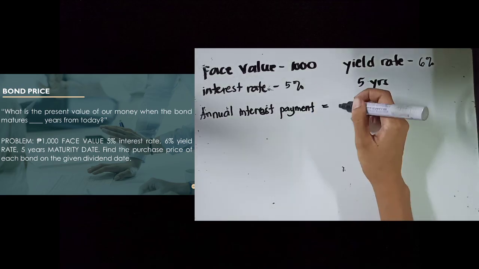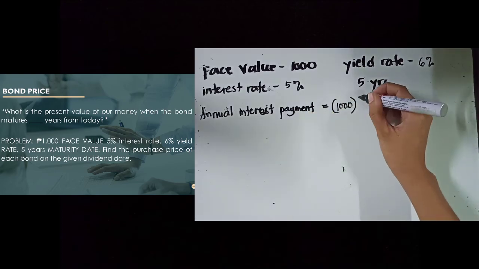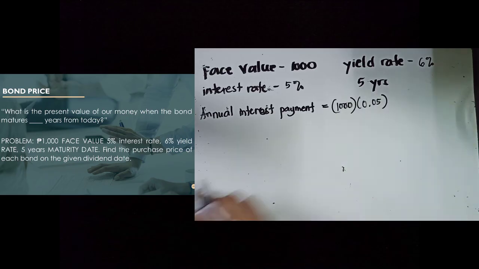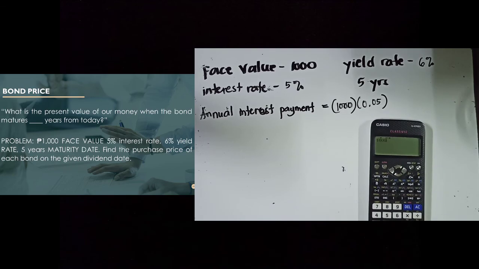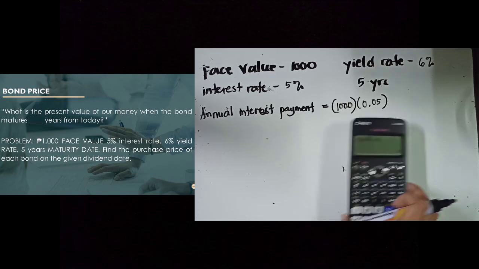So, our face value is 1,000 pesos. Then, multiply by the interest rate, which is 5%. So, convert this into decimal. So, it will become 0.05. So, 1,000 multiply by 0.05 is equal to 50.